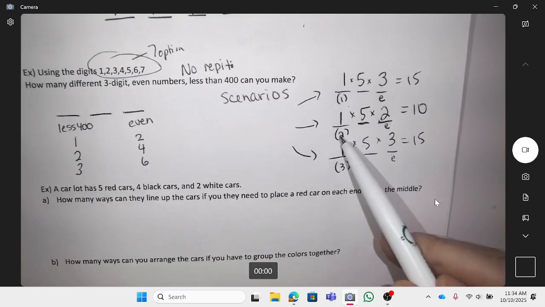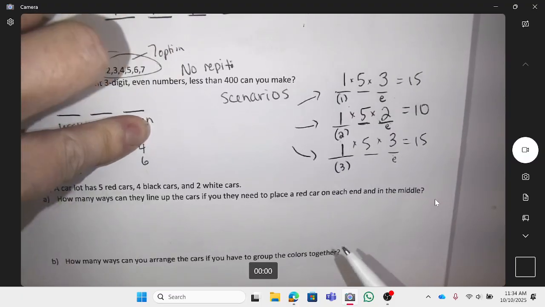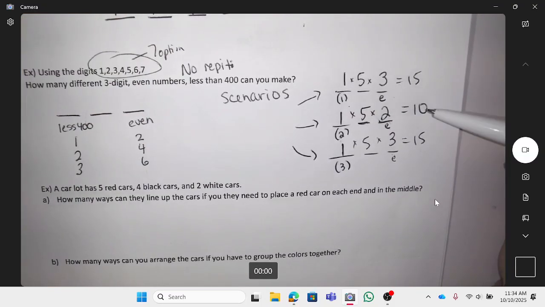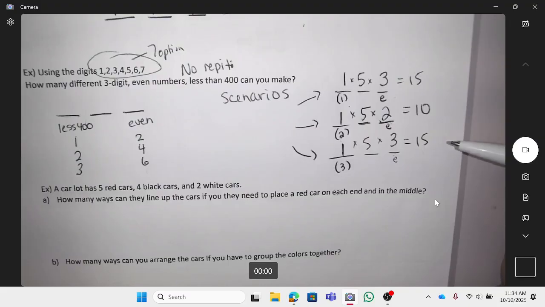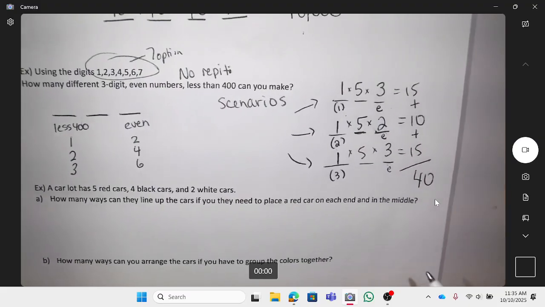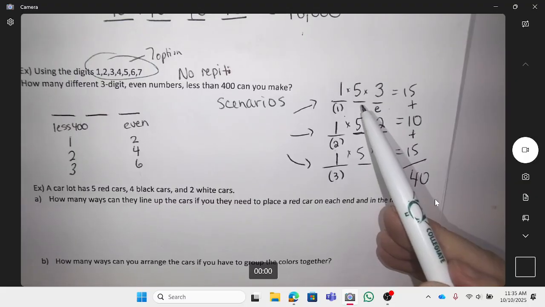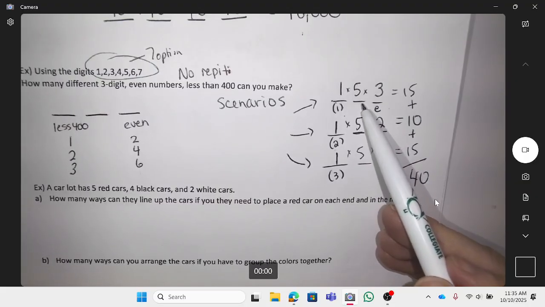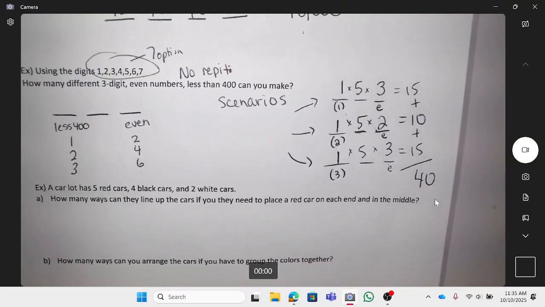Because you've used the 2, so now that's out of the options. So what do you do with scenarios when you have this scenario or another scenario? You need to add. Okay, so these things were happening in one scenario, so that's an and. This and this are happening, but now different scenarios.